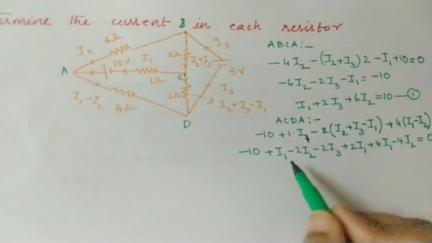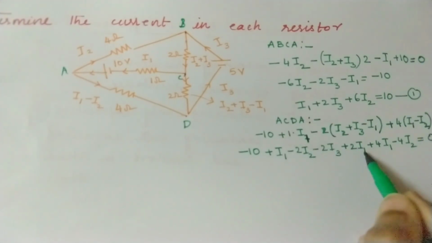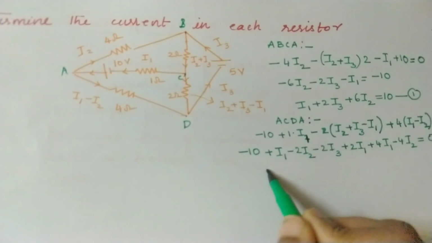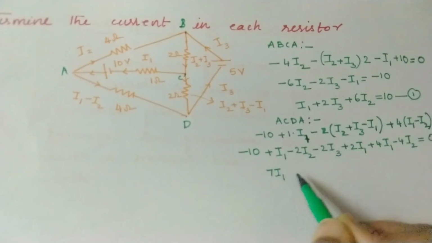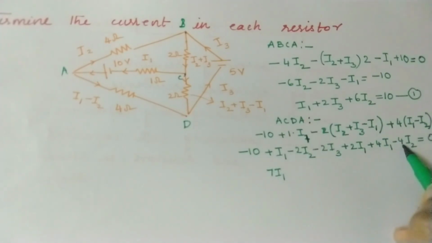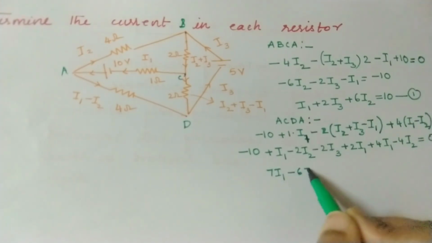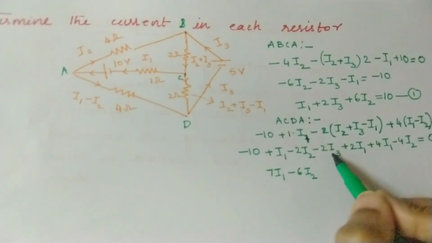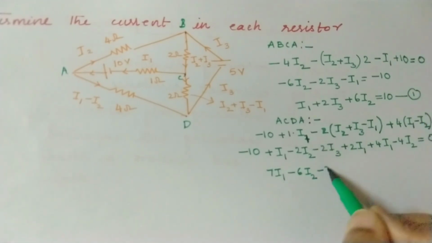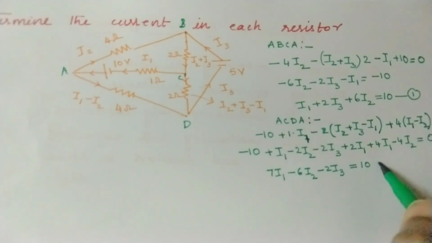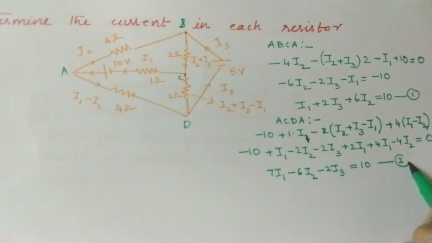Write all the I1s together: I1, 2I1, 4I1. 4 plus 2 plus 1, that will be 7I1, minus 2I2 minus 4I2 will be minus 6I2, minus 2I3, should be equal to 10. Call this equation 2.